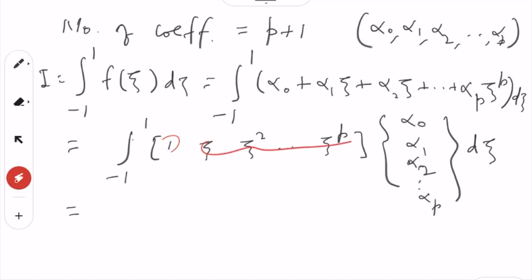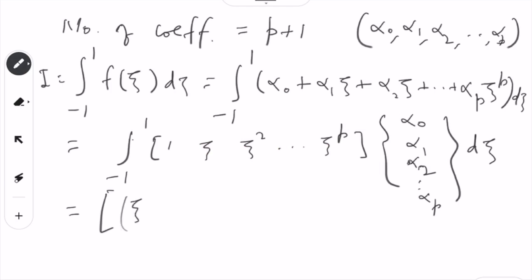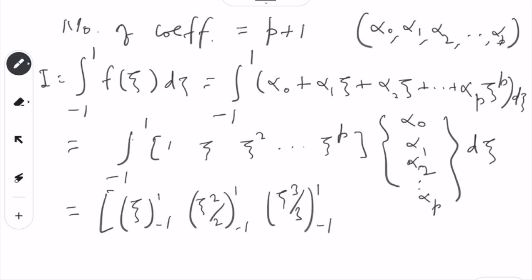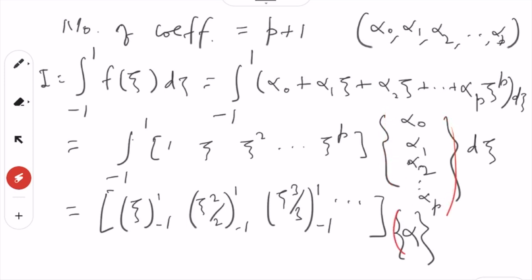Now you have to get the values, right? So you will get like this: xi from 1 to minus 1, xi square over 2 from 1 to minus 1, xi cubed over 3 from 1 to minus 1, and so on. You will get like this, and then you will have the same matrix. So let's call this the alpha vector. This alpha vector is nothing but the whole vector from here to here. Okay, so what is the value of this?